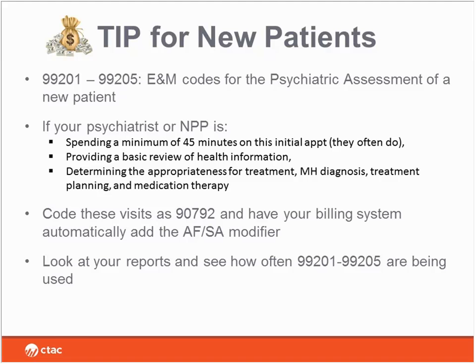If they're spending 45 minutes on that initial appointment, rather than just putting it in as a regular E&M new patient code, code those as a 90792. More money. And run reports. You can run reports and see how often those codes, 99201 through 99205, are being used, and possibly you can also look at the length of time spent.